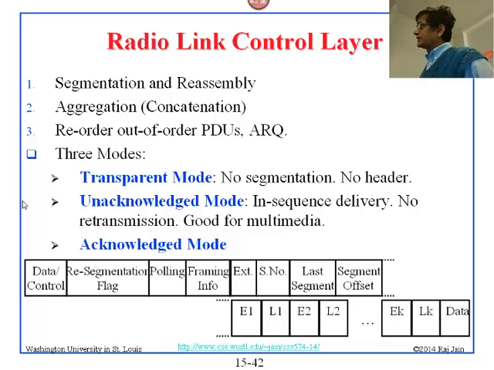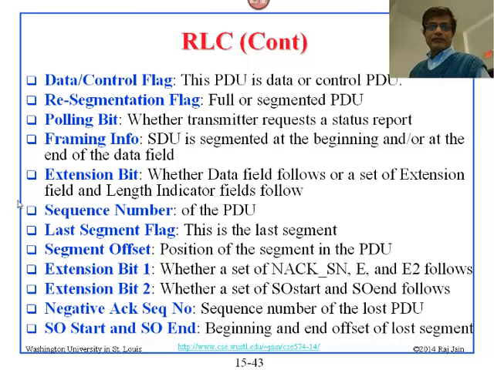Okay, so this is a picture and the description is on the next slide. The resegmentation flag is whether this is a full PDU or a segmented PDU. Actually, I would have called it just segmentation flag.